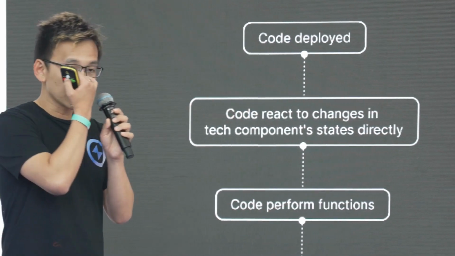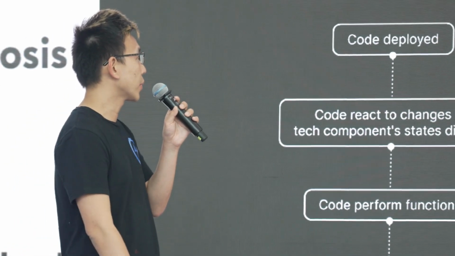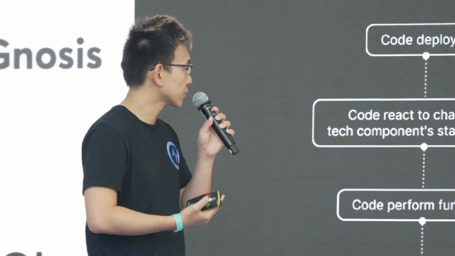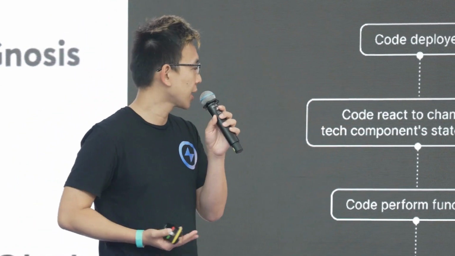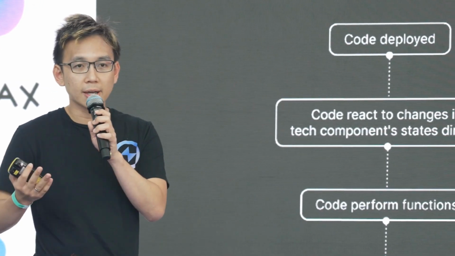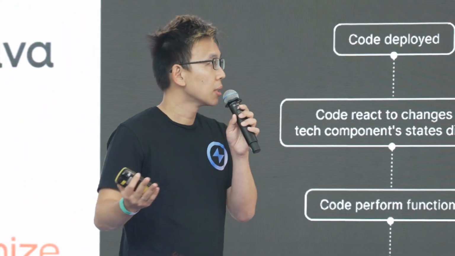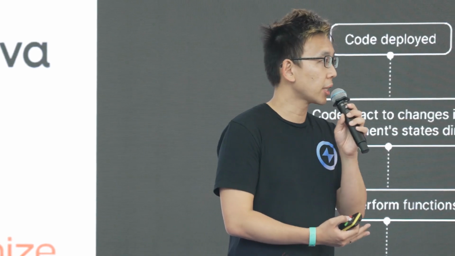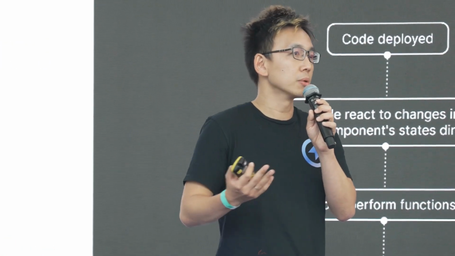A Web2 experience deploys the code, and it reacts to changes on the tech component states directly. The code will perform the function, and then the application just happens. But on Web3, you cannot do that, and everyone still needs to build a business.